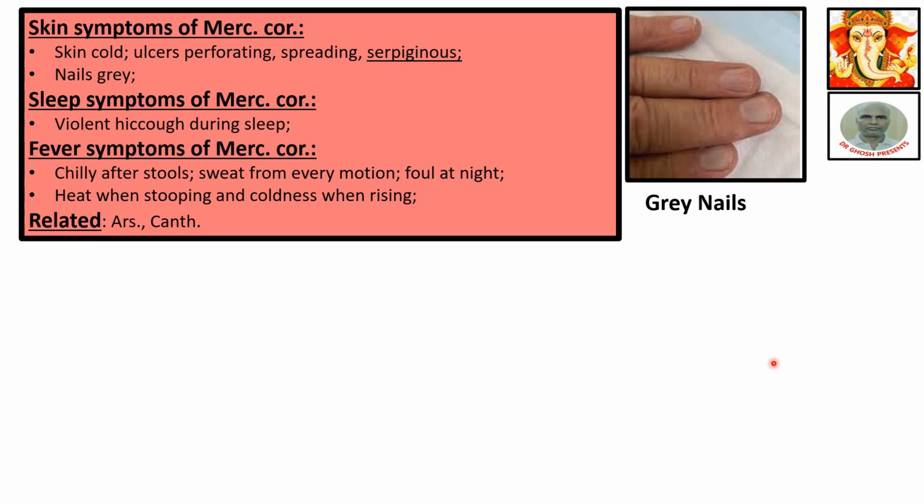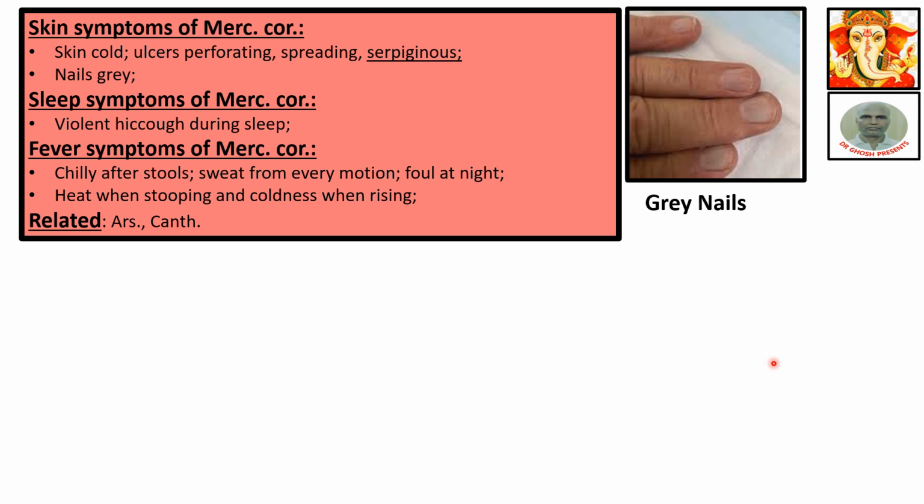Skin symptoms of Merc.cor: skin cold, ulcer perforating, spreading, and serpiginous. Serpiginous ulcers mean when the ulcer on one side is going okay, the other side is starting to expand. That is, this serpiginous ulcer is never ending. One portion is recovered, the other portion is starting new infections.